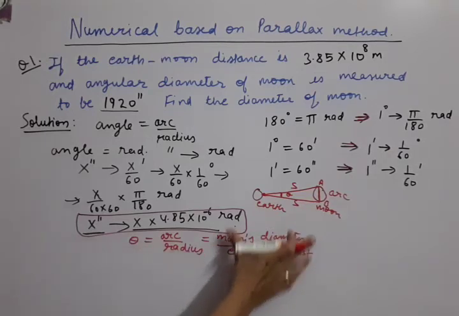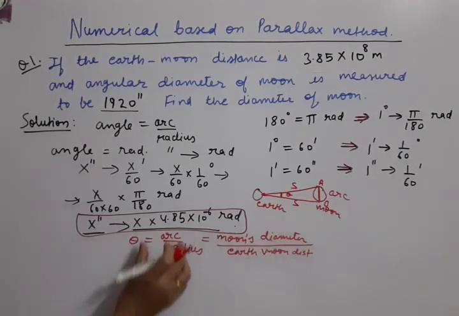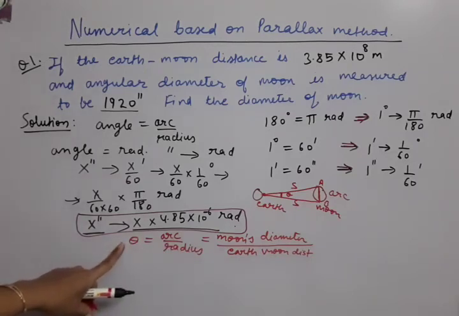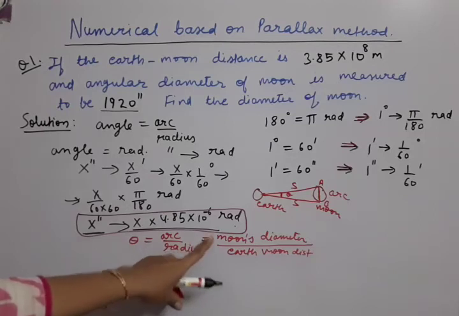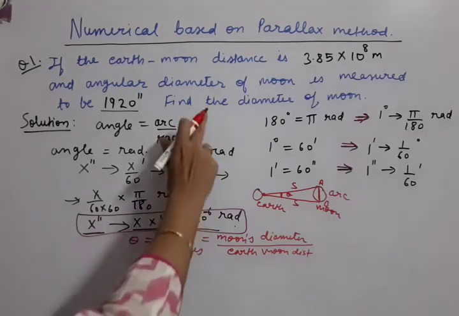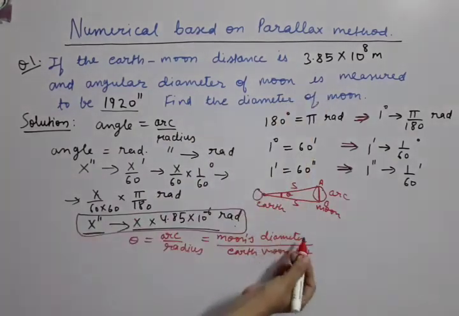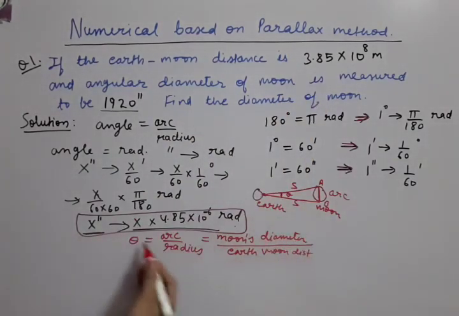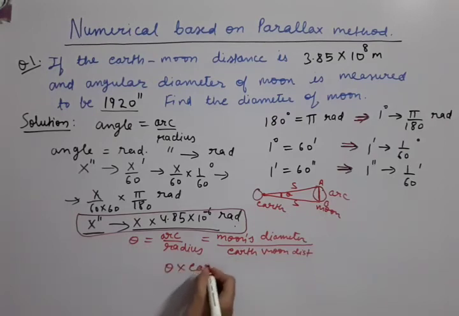You can directly remember this formula also in place of arc upon radius: angular diameter is the moon's diameter upon the Earth moon distance. Now what are we asked? We are asked to calculate the diameter of the moon, so we have to cross multiply theta with the Earth moon distance.